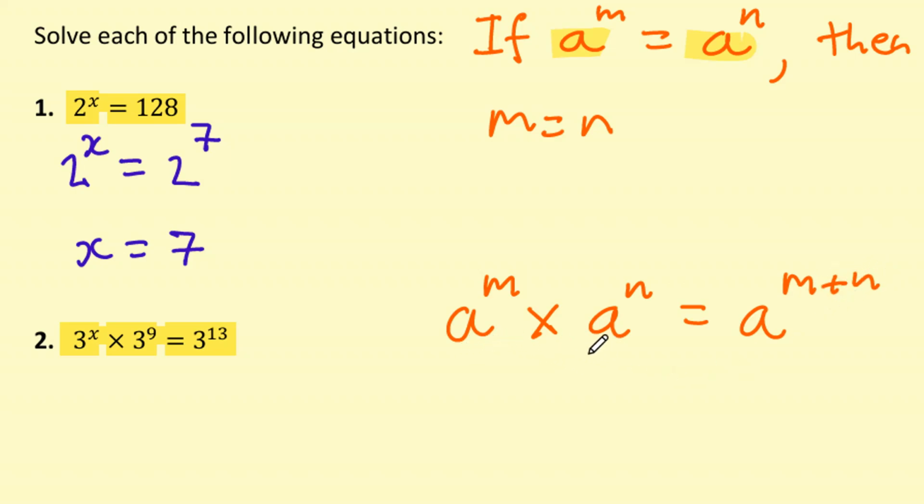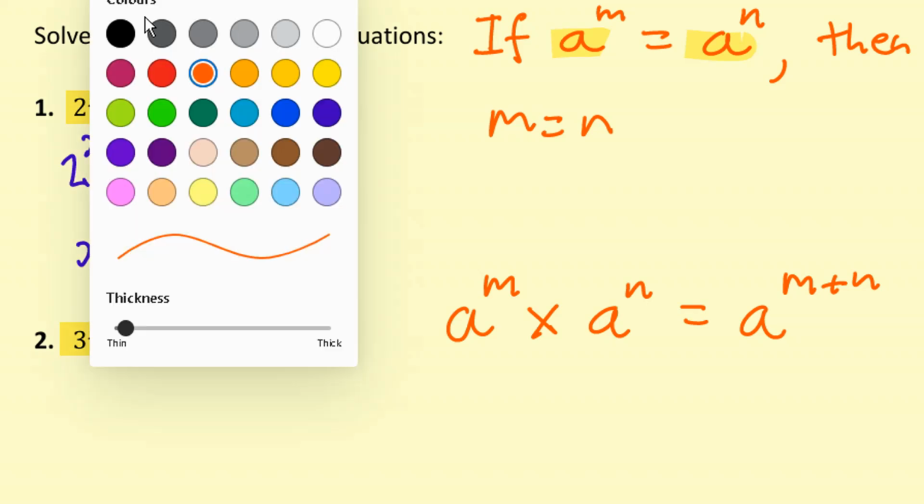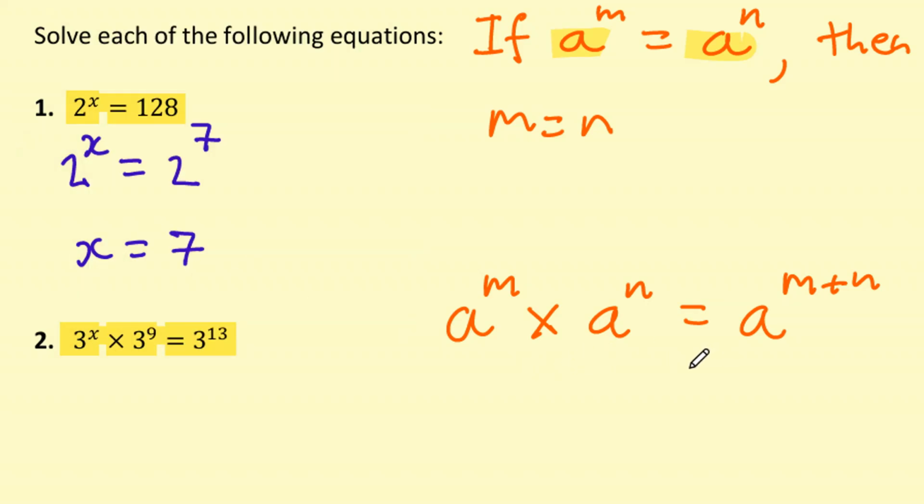In other words, when we multiply two numbers and the bases are the same, we can add the powers. So applying this law to the left-hand side of this equation, 3 to the x times 3 to the 9 will be 3 to the x plus 9. So adding the powers.